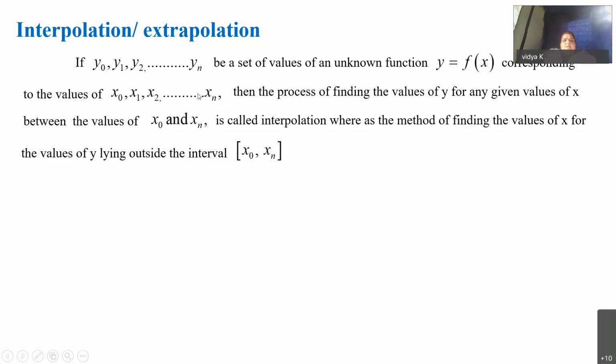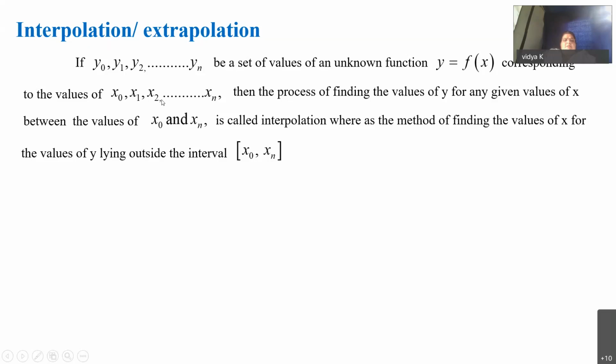Or I want the values between xn plus 1 and xn, that is the average of xn plus 1 and xn, or in between xn minus 1 and xn. I want the value of y for that, because we have only n plus 1 observed values of y, not all the values of y for each x in the range from x0 to xn. So I need to find that. So what I do is interpolation.